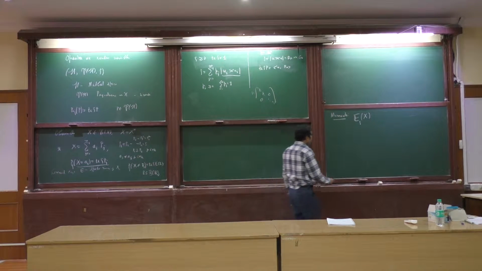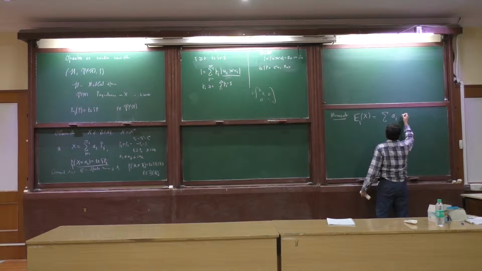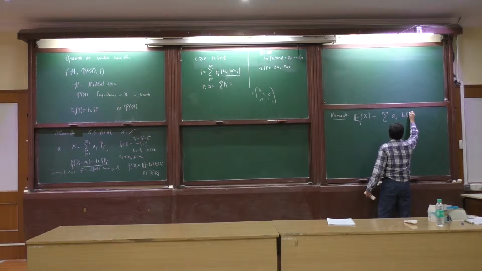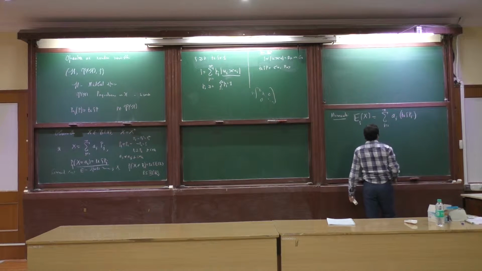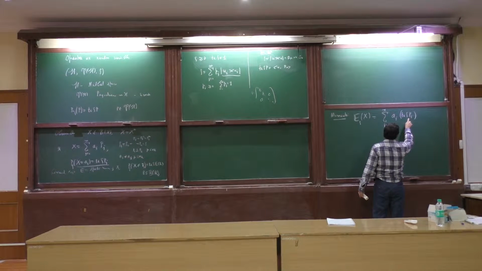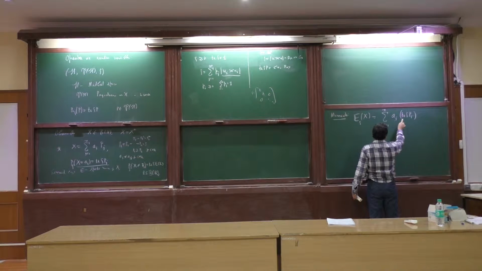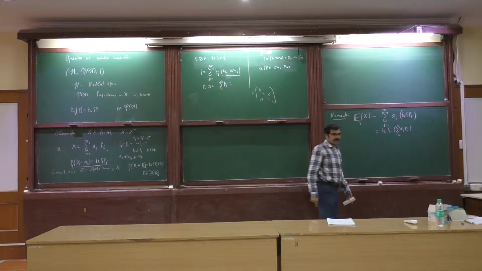So the expectation of x is the summation of a_j times trace rho p_j. These are the probabilities, so you multiply and add. But these a_j are just numbers, so I can put them inside, and trace is linear, so I can take the summation inside. So it becomes trace of rho times the summation of a_j p_j. But this summation is just x.